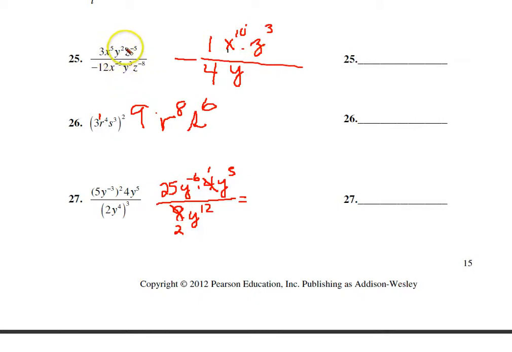And then y to the second we brought down, and this became just a plain y. And then we brought the z to the negative 8 up, it became a positive 8. Negative 5 and a positive 8 left me with a 3. Now, we could write it like this and include the 1, but often we don't include the 1. So that would be the answer.